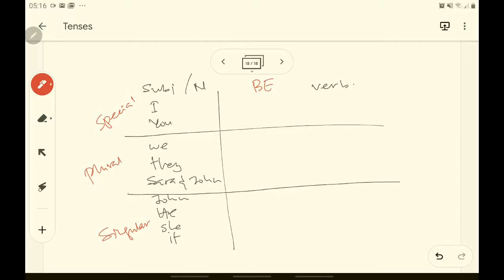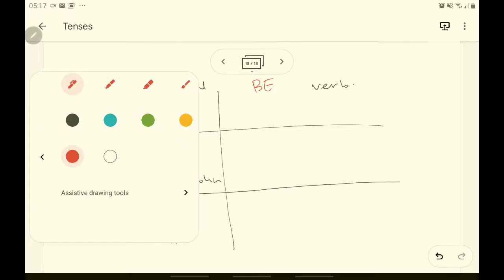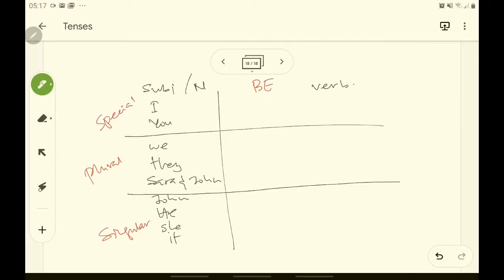As we have mentioned before, the past form of the be verb for I is was, but for you it's were. Here in the present form, the be verb for I is am, you is are, plural is are, and singular is is.